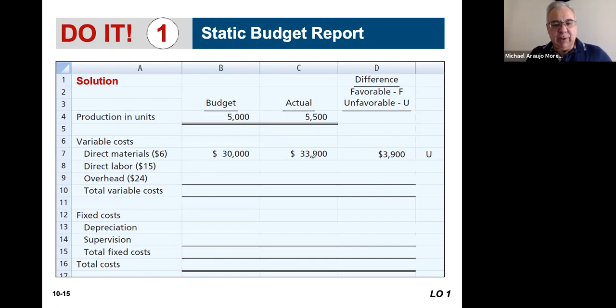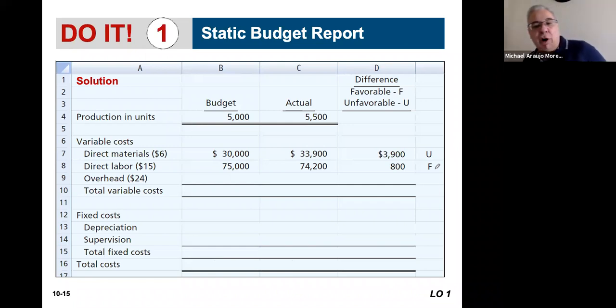We spent $33,900 on materials. That's $3,900 more than we budgeted for, which is why it's unfavorable. Direct labor, we had budgeted 5,000 units at $15 per unit, so 75,000 in total. Our labor costs were actually 74,200. That was below what we budgeted for, which means it's a favorable outcome.